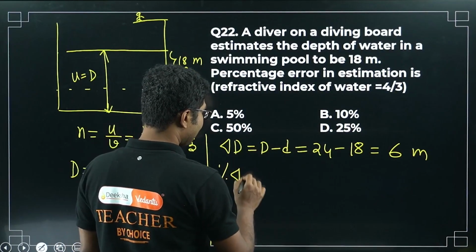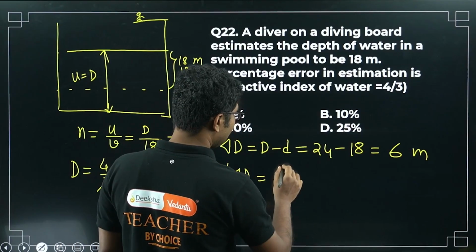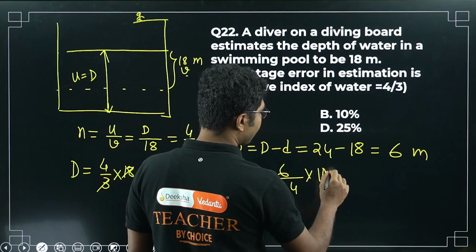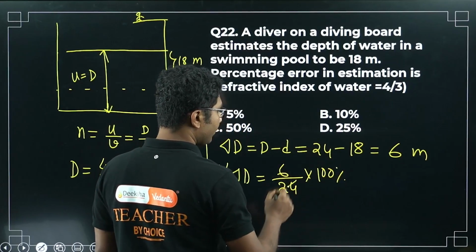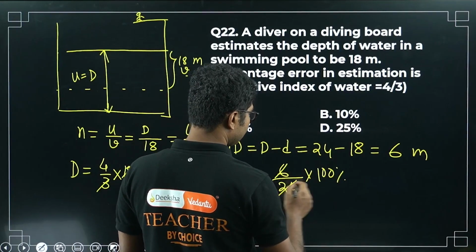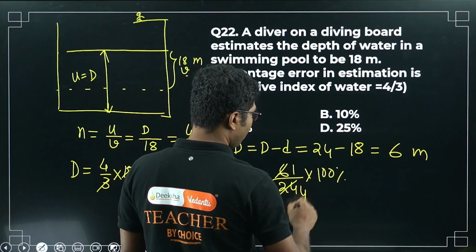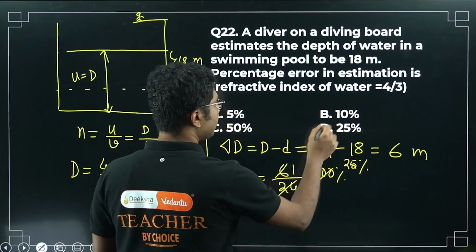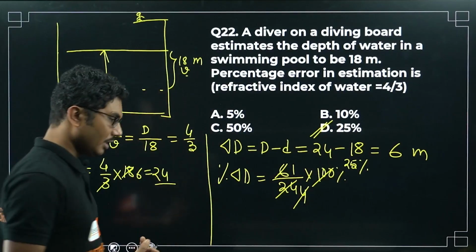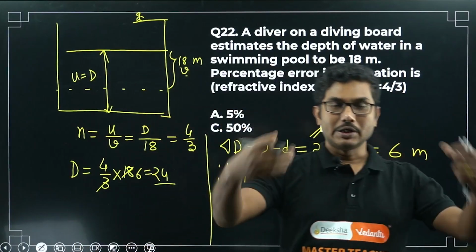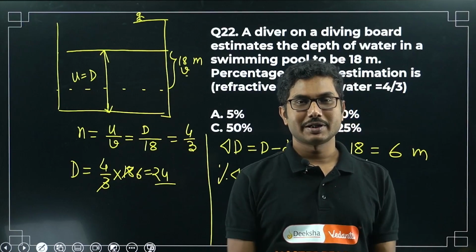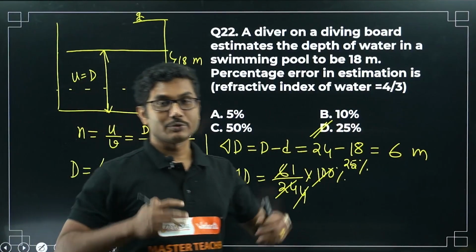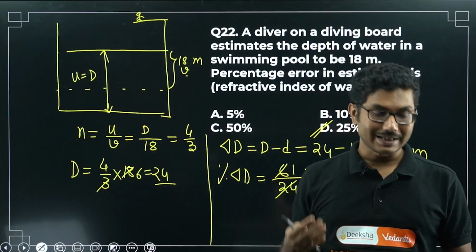Percentage error is the difference divided by the actual value times 100%. So it will be 6 by 24 times 100, which is 25, so the answer is 25%. So the diver before diving into the water measured the depth to be less than what the actual depth is. So that gives him a 25% error.